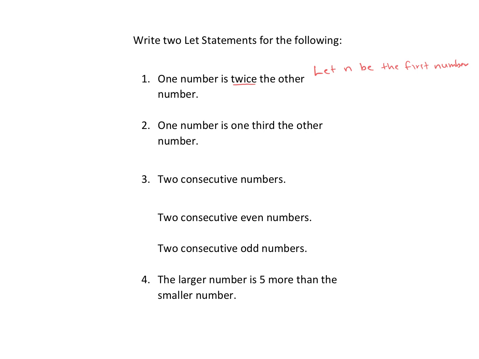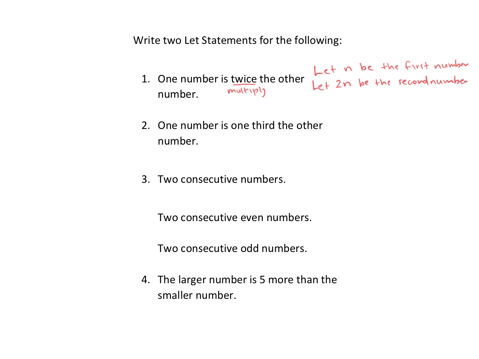So n is going to be the first number. Remember that there are two numbers. The second number is twice the first number or twice the other number. So twice would be multiplication. So the second number is going to be twice the first. So 2 times n is going to be the second number.